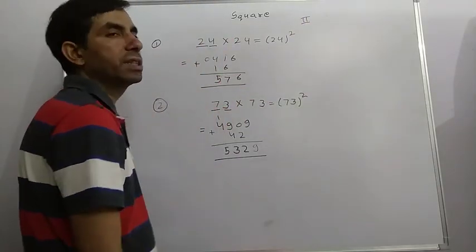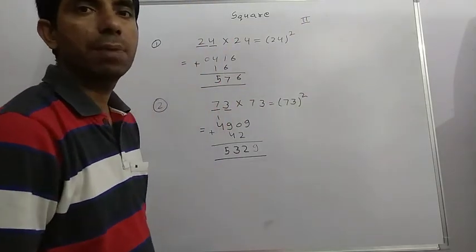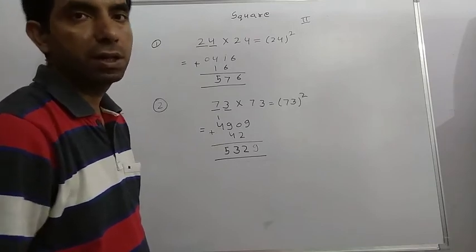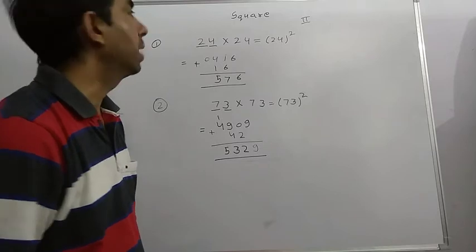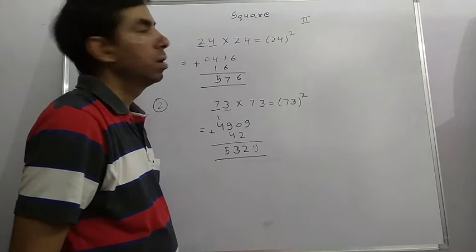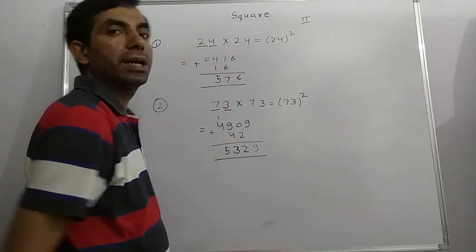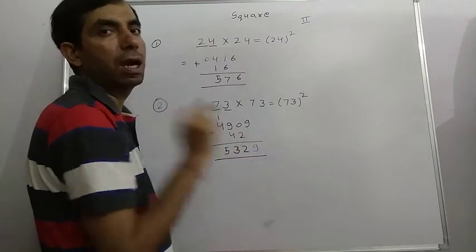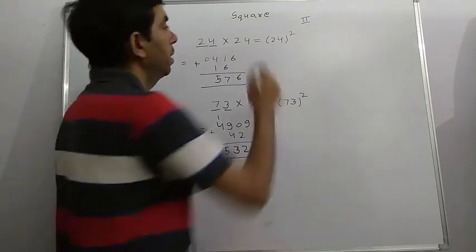Here, we take the difference from a simple number. Simple numbers mean 20, 30, 40, 50, 100, 200, 300, 400, that type of number. So 24 is near to 20. What is the difference from 20? It is 4. First we subtract and add the difference to the number.